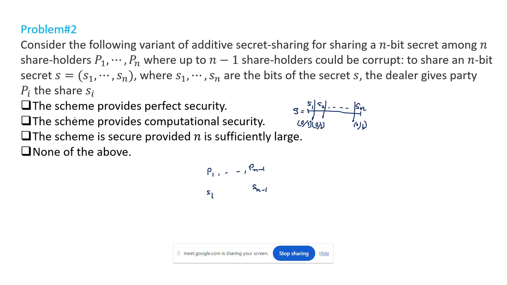The first statement says that the scheme provides perfect secrecy. The next statement says that the scheme provides computational security. The third statement says the scheme is secure provided n is sufficiently large, and the last option is none of the above. So you can think about this for 1 minute and let me know the answer.